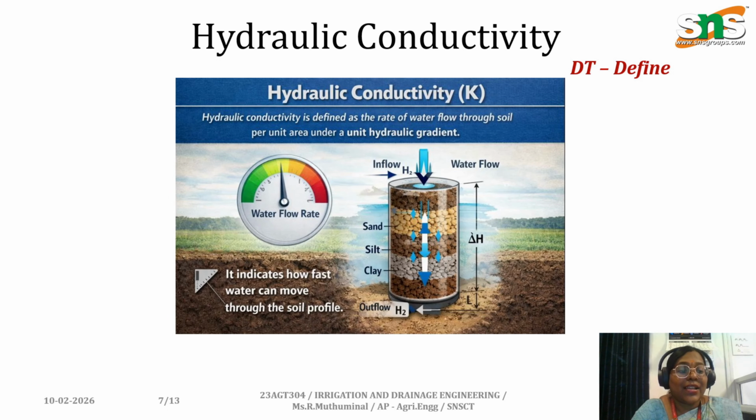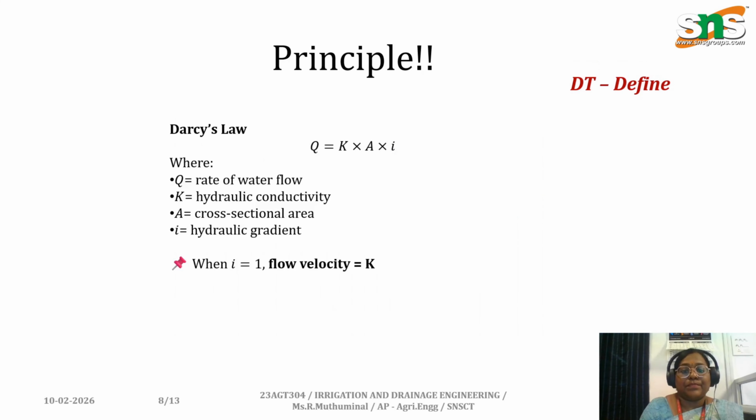It is defined as the rate of water flow through soil per unit area under a hydraulic gradient. It indicates how fast water can move through the soil profile. It is defined by Darcy's law, which states that the rate of water flow through a cross-sectional area is proportional to the hydraulic gradient at a time.